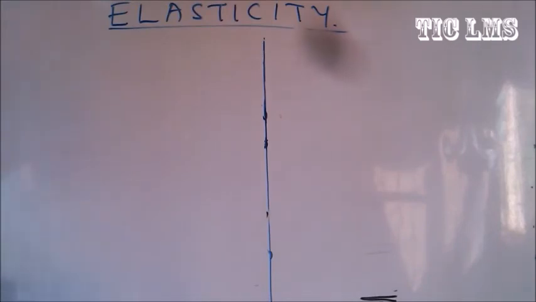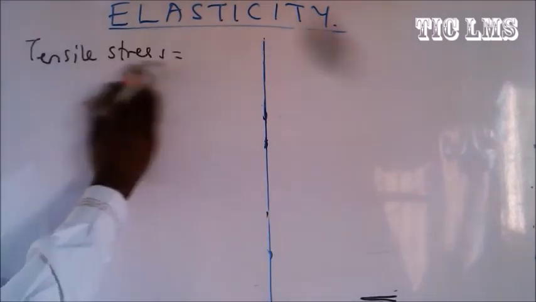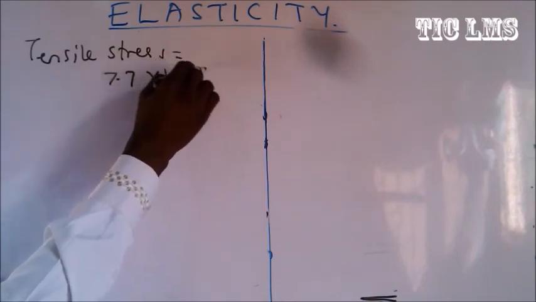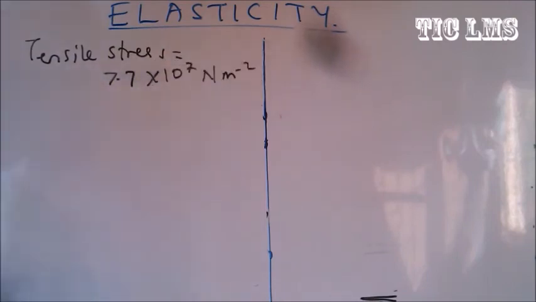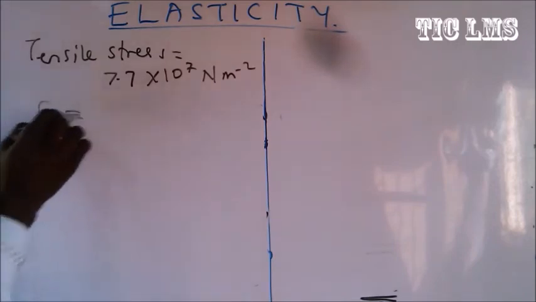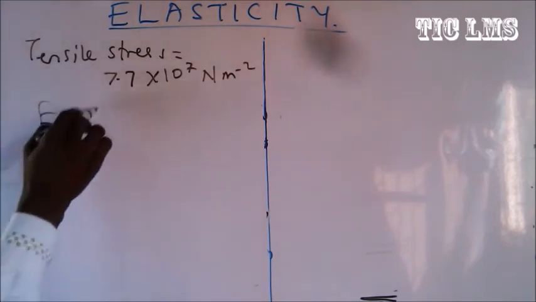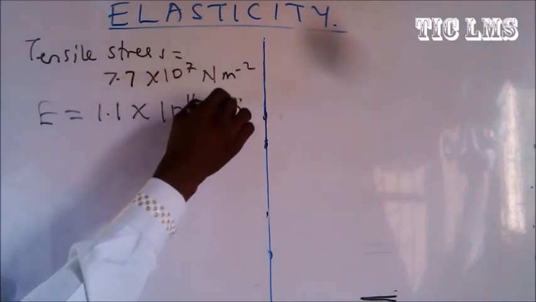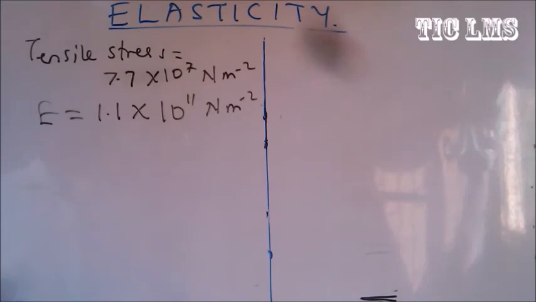Here, we're given the tensile stress to be 7.7 times 10 to the power of 7 Newton per meter squared, and then we're given the Young modulus as 1.1 times 10 raised to power 11 Newton per meter squared. We are told to find the tensile strain.